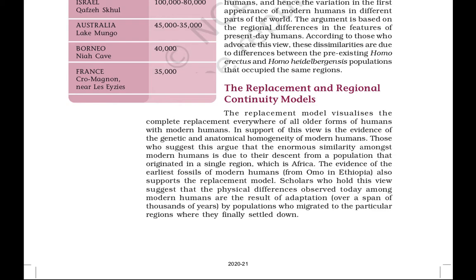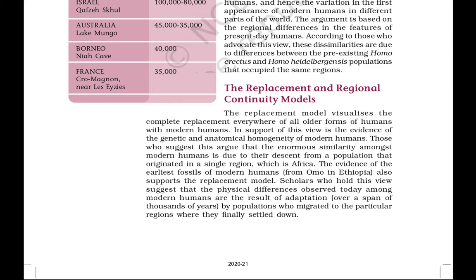In support of this view is the evidence of the genetic and anatomical homogeneity of modern humans. Those who suggest this argue that the enormous similarity amongst modern humans is due to their descent from a population that originated in a single region, which is Africa.